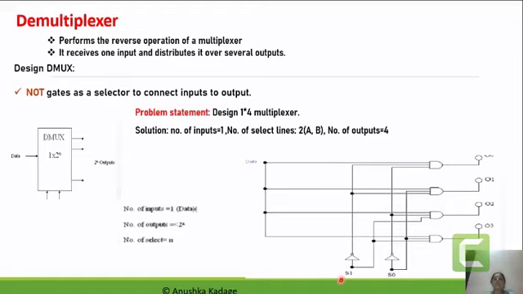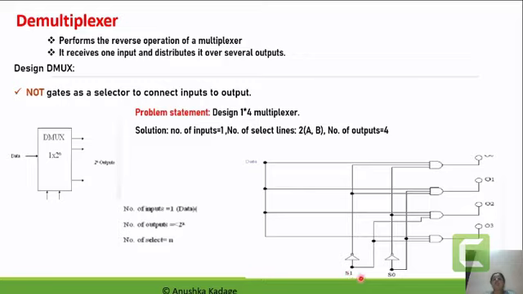So let's say that if the 0 0 combination is there for both the select line inputs, which will be represented by the inverted S1 and S0, then ANDing of these inverted values will be taken, and with respect to this ANDing combination, the data will be presented on the first output line.